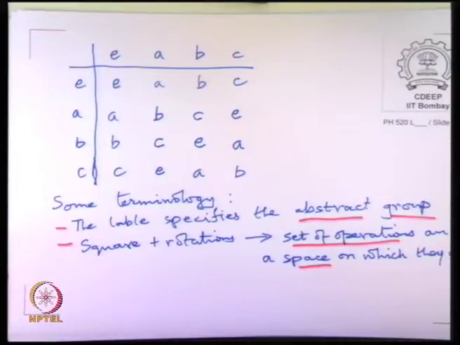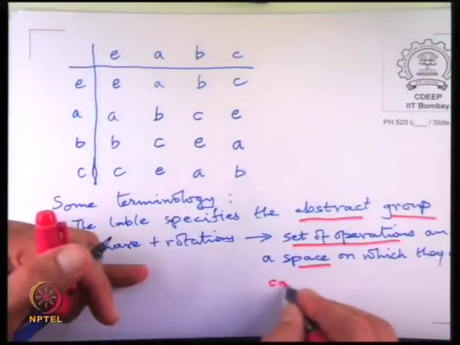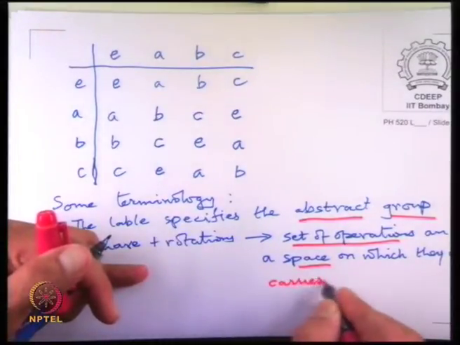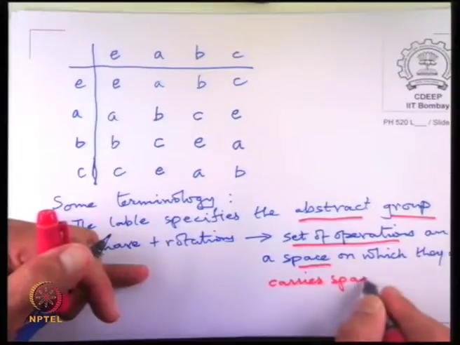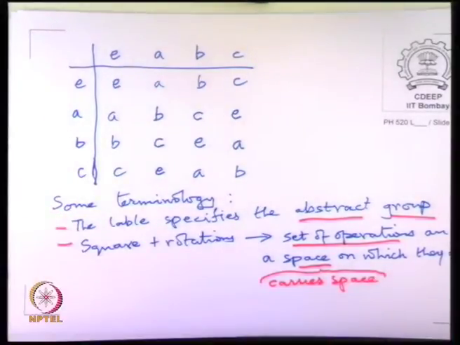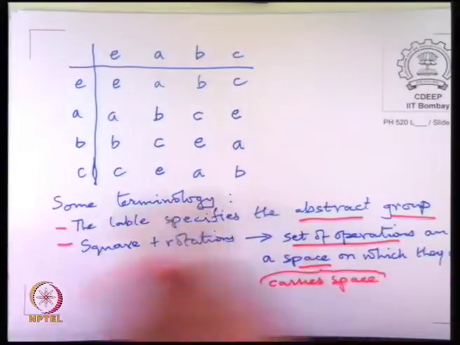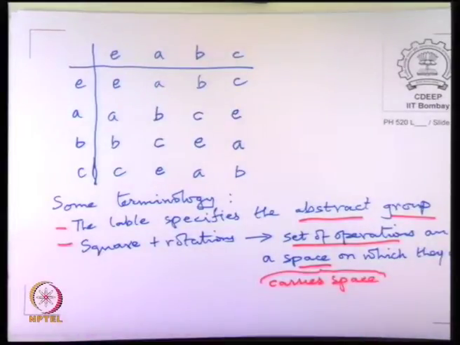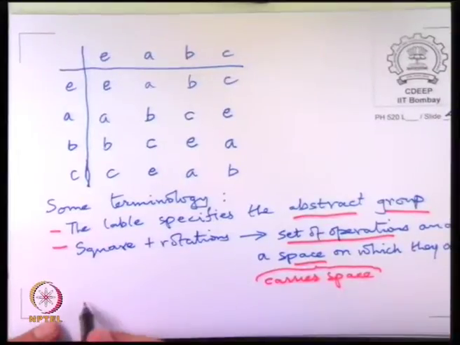So this is called the carrier space, on which those things act. Now this whole package in number 2, second dash, is called a realization.